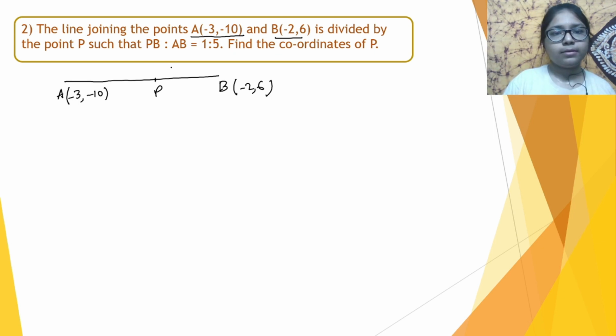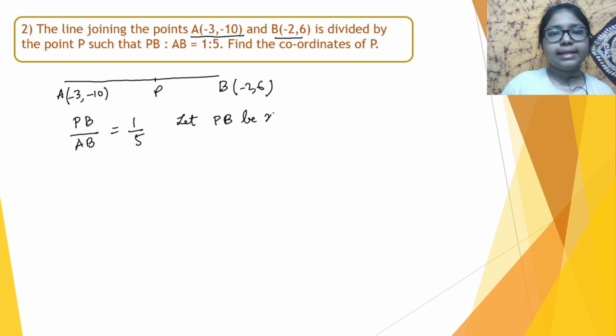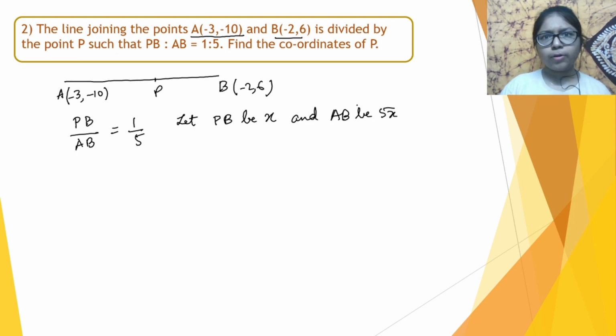So PB by AB is 1 by 5. You have to find AP is to PB, right? So let PB be x and AB be 5x. In ratio and proportion we do sums like this, right?